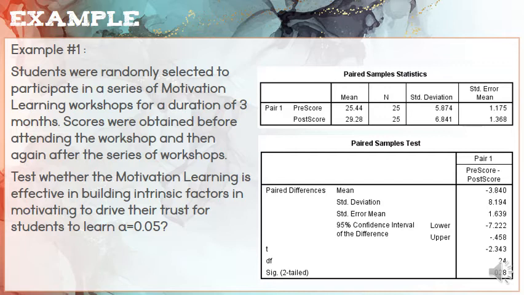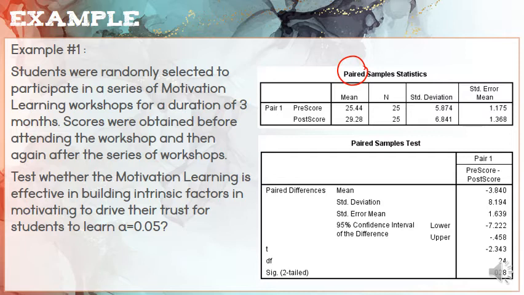Dia bagi you pre-score sebelum pergi motivation workshop dan post-score selepas pergi motivation workshop. So this is paired sample statistics. Kenapa? Pelajar yang sama, cuma kita measure dia sebelum pergi dan selepas pergi. Dependent sample.